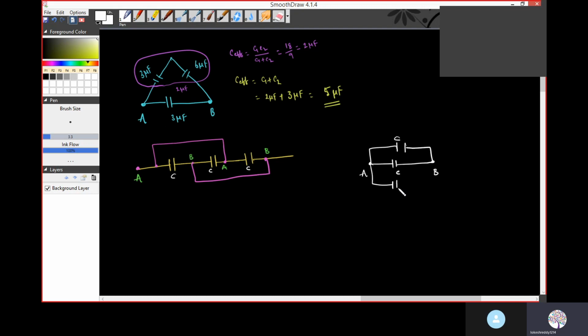So this is C, C, C, so C effective is equal to 3C. These are all in parallel.